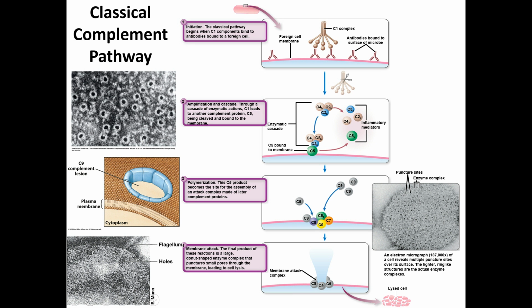Really, I'm going to have you focus mainly on the classical complement pathway. So here, this is an antibody-dependent pathway. In this case, you have antibodies that coat the surface of your foreign cells.